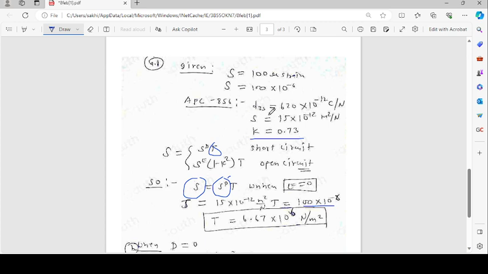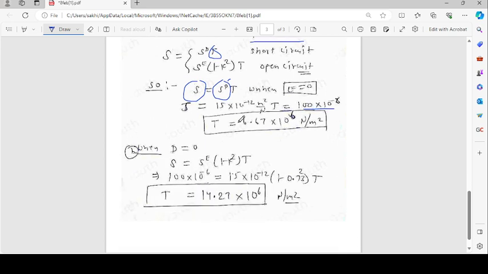So these properties may change. By solving this, we found that the stress comes out to be 6.67 multiplied by 10 to the power 6 newton per meter square. So this is the required stress to produce the 100 microstrain in the short circuit condition, when the electric field is 0, right?